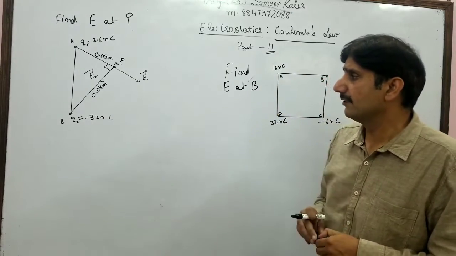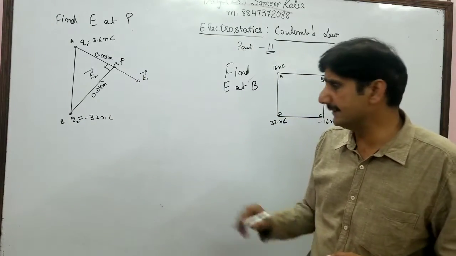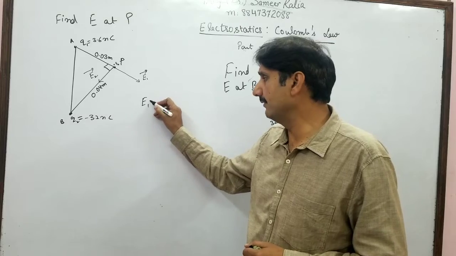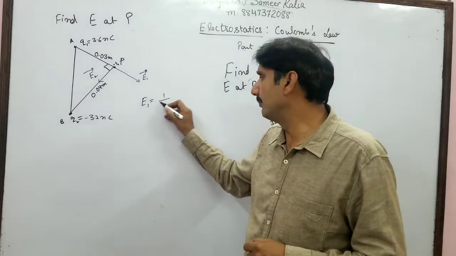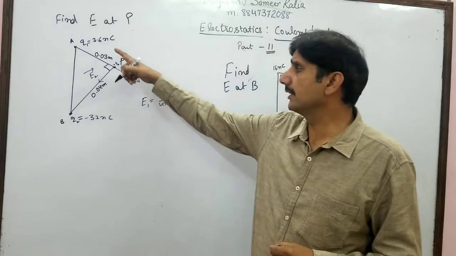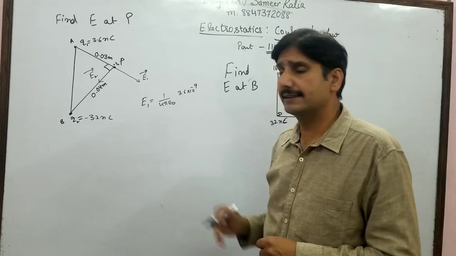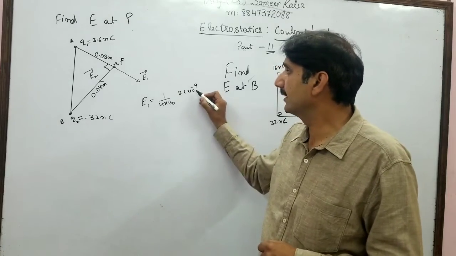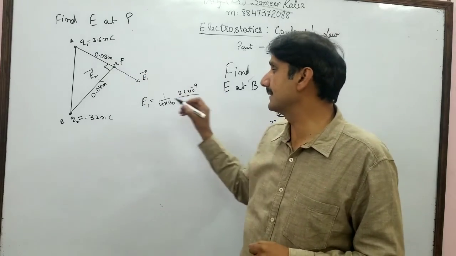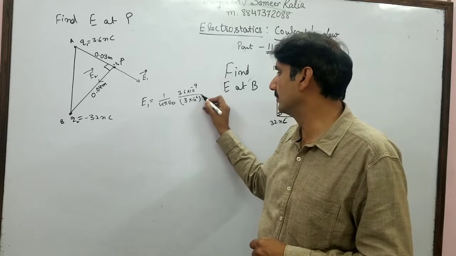In this case, we have E1 and E2 which can be calculated very easily. What is E1? E1 would be 1 by 4 pi epsilon naught, and then charge is 3.6 into 10 raised to the power minus 9 divided by distance. Distance is 3 into 10 raised to the power minus 2 whole square.